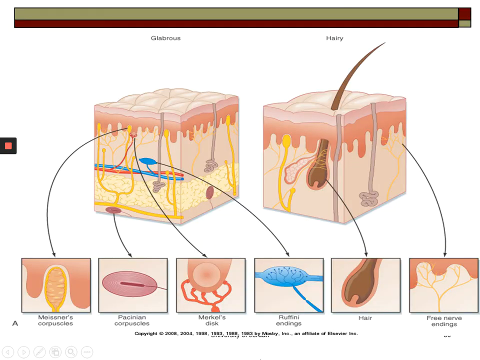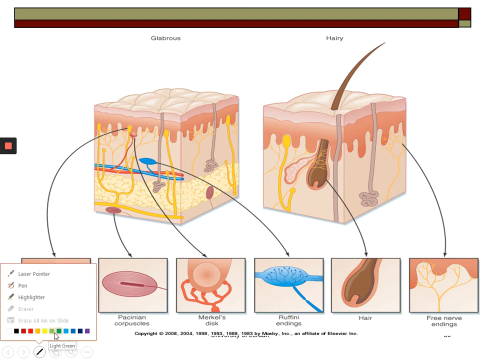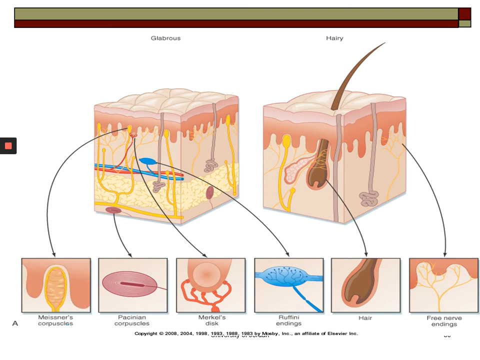This is another picture for these receptors. This is the Meissner corpuscles, as you see, found here in the epidermis. This is the Pacinian corpuscle found down in the dermis. This is the Merkel disc, and as you see, Merkel discs form the Iggo dome.